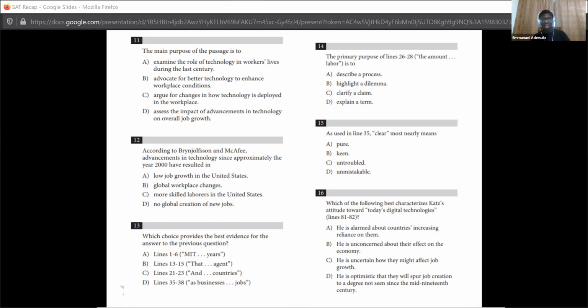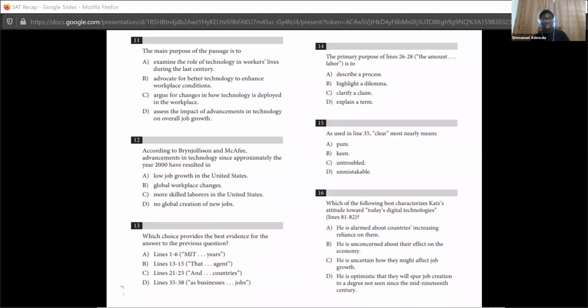And for question number 16, which of the following best characterizes Katz's attitude towards today's digital technologies? And this is in lines 81 through 82. The choices for this question are A, he is alarmed about countries' increasing reliance on them. B, he is unconcerned about their effect on the economy.